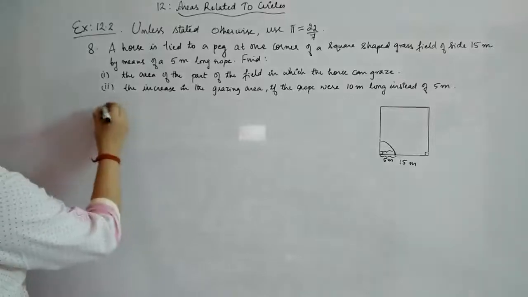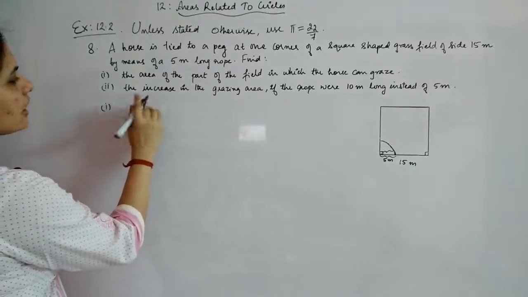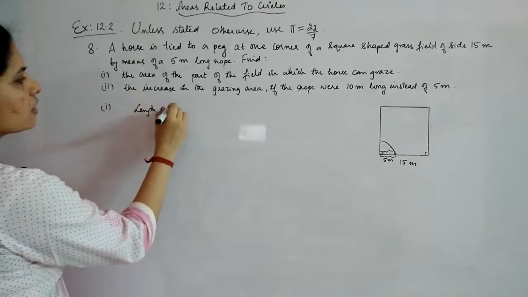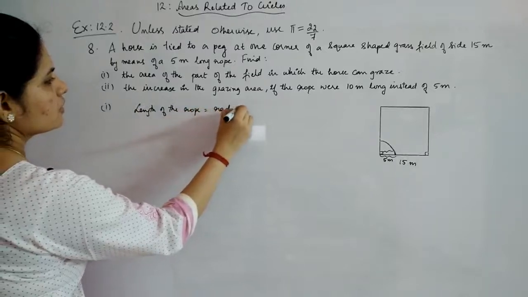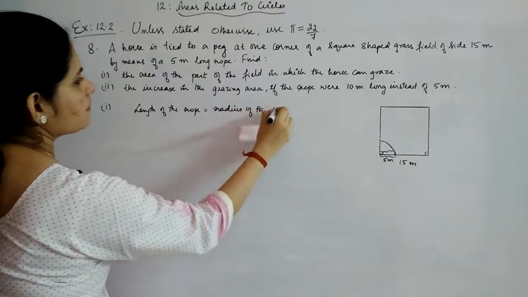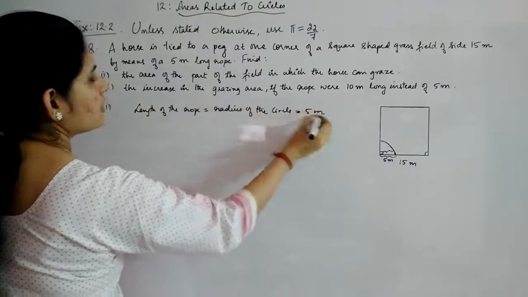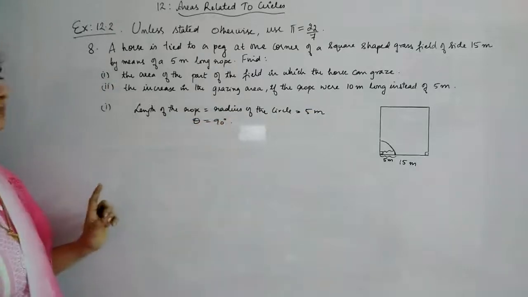The length of the rope will be acting as the radius of the circle. Length of the rope is equal to radius of the circle, which is equal to 5 meter, and theta will be 90 degrees because it is a square.